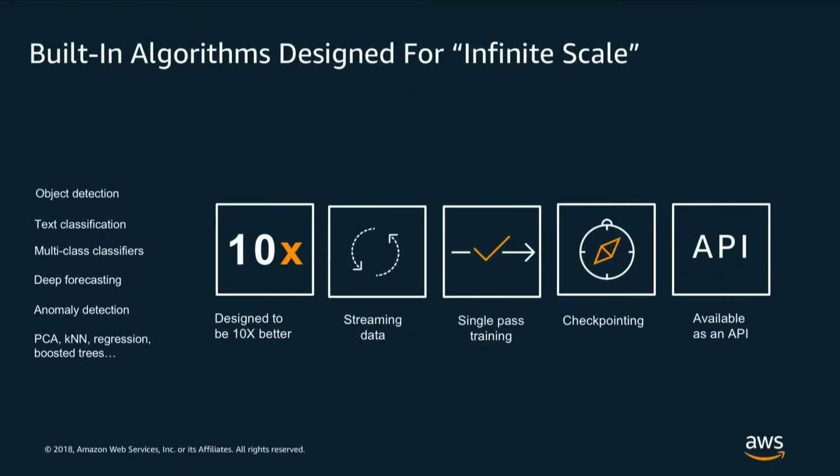We also wanted to make it easy for people to run applications, not just deep learning workloads, but also traditional machine learning in a distributed manner. So we re-engineered some of the common algorithms, including object detection, text classification, LDA, PCA.